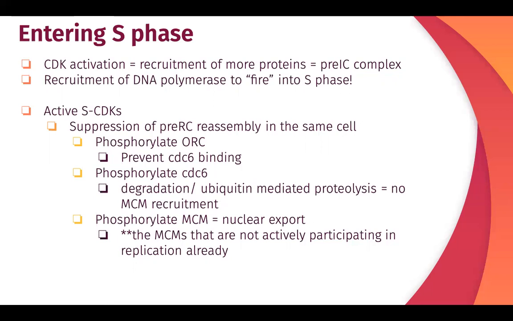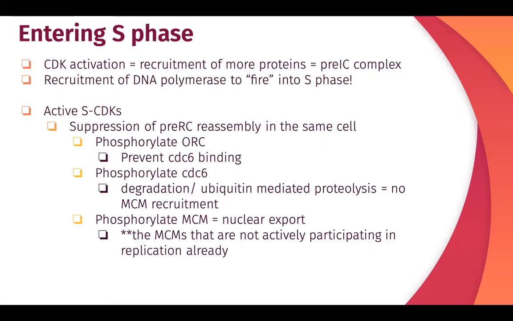So once you're in S phase, then you also have active S-CDKs. The active S-CDKs, as I was saying before, suppress pre-RC reassembly by phosphorylating the ORC, the CDC6, and also the MCM. So those 3 things, to reiterate, are what make up your pre-RC.